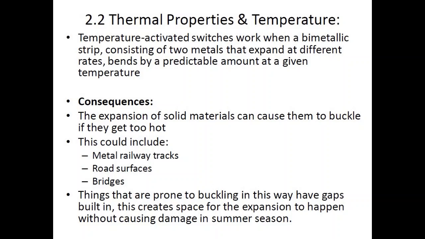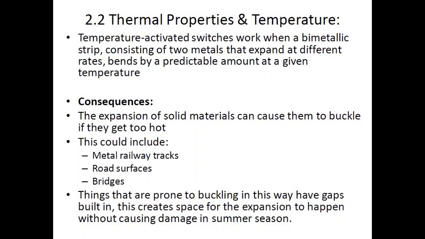Temperature activated switches work with a bimetallic strip consisting of two metals that expand at different rates. When heat is provided to that bimetallic strip, it bends by a predictable amount at a given temperature, completing a circuit, turning on a switch, and whatever circuit is connected with that switch turns on.